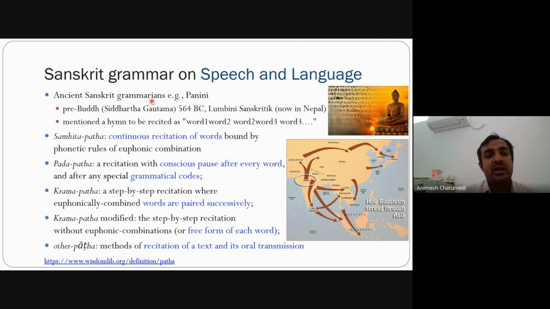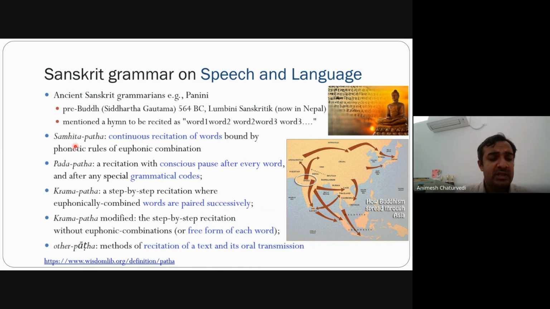And this Sanskrit grammarian mentioned hymns, that is recitation of words: word one, word two, word three, word four, like that. So those have different formations which led to the modern world languages that we speak.